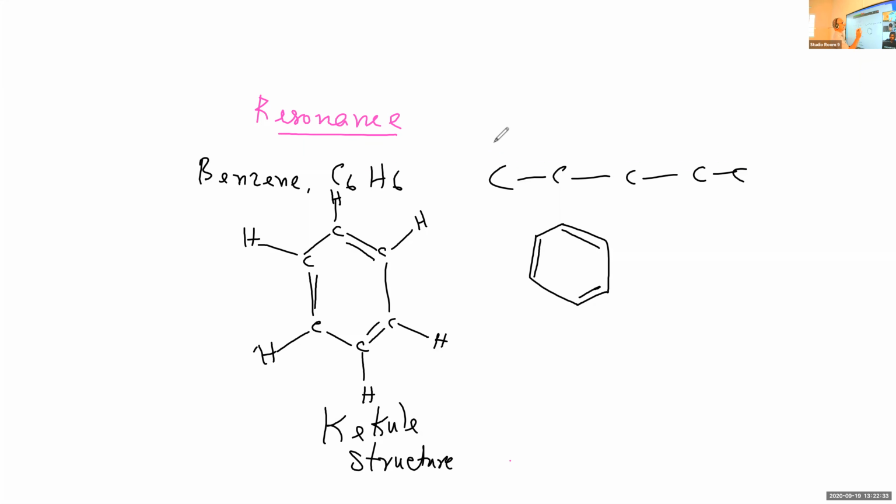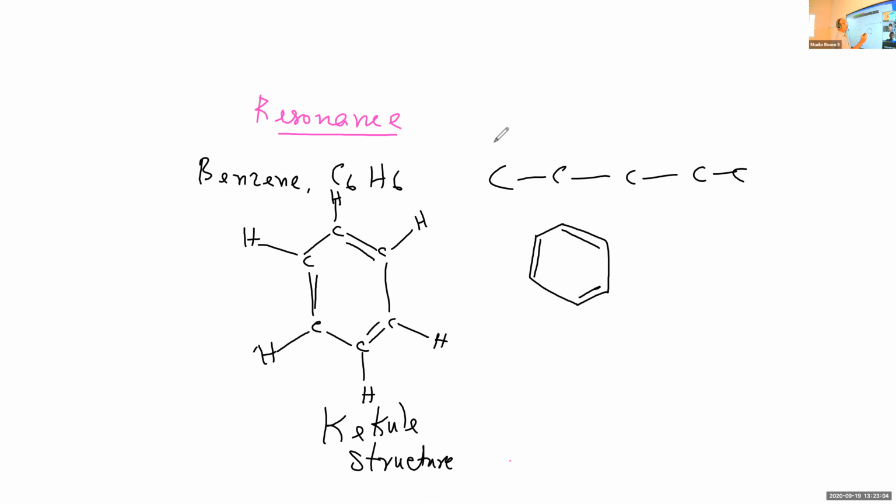In the figure I have drawn, at each corner there will be a carbon atom. That is our supposition. And the dashes will represent the bonds between the carbon atoms. And the remaining valency will be satisfied by hydrogen.